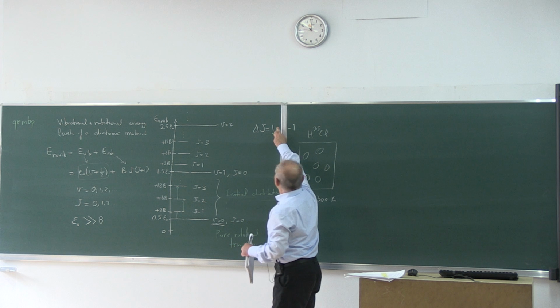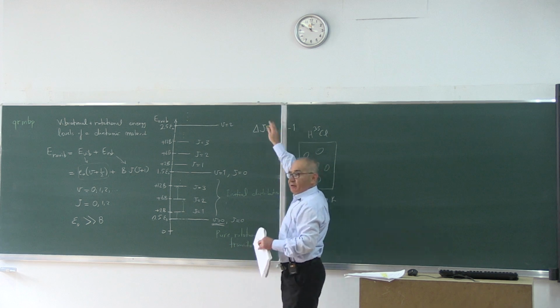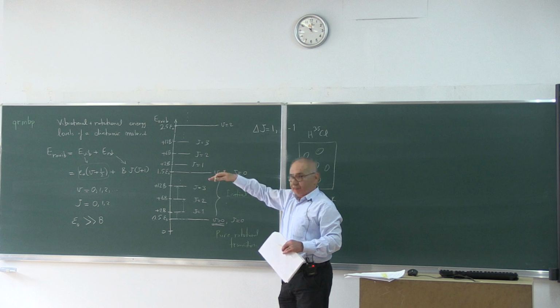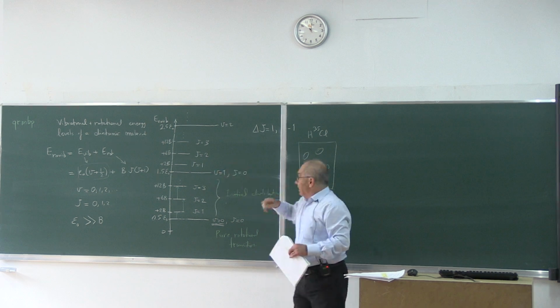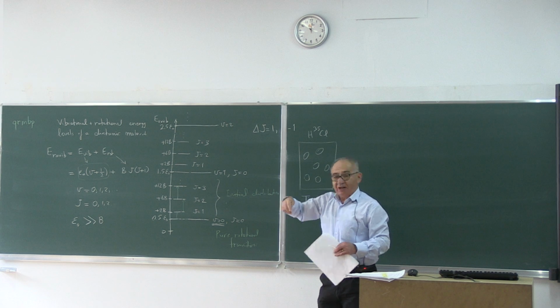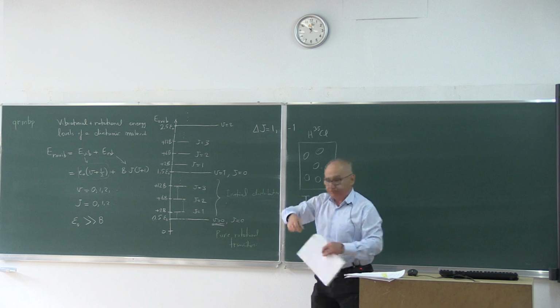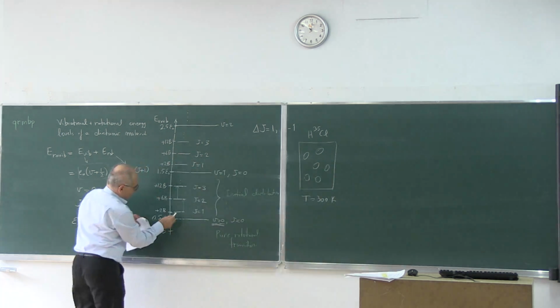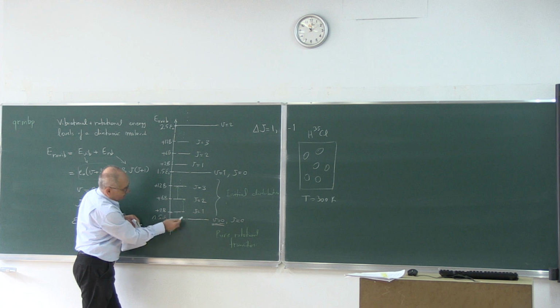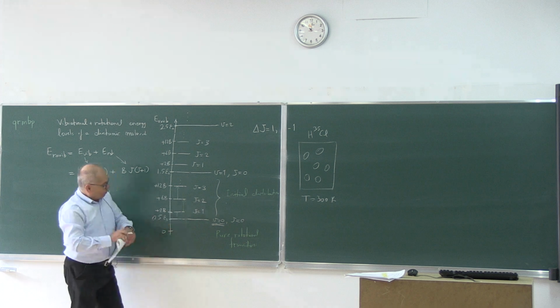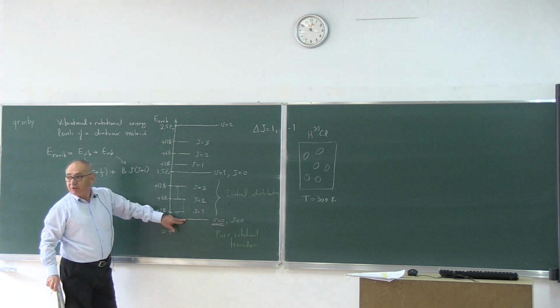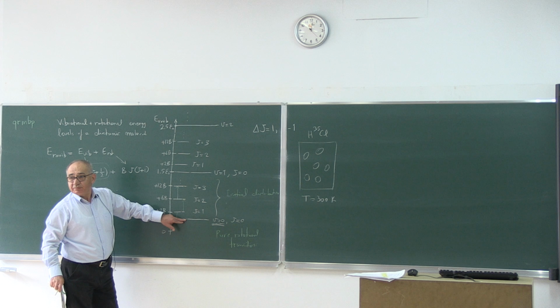In this part, only the delta J equals plus 1 selection rule is operative. Intensities of these transitions are proportional to the populations of the initial states. For example, intensity of this transition is proportional to, because initial state is this state, the population of this level, which means it's proportional to the number of molecules at this energy level.